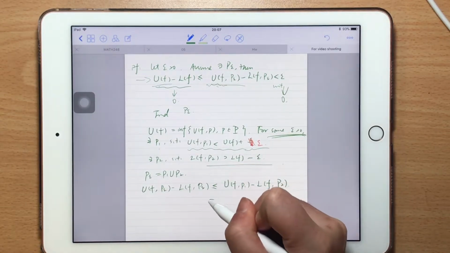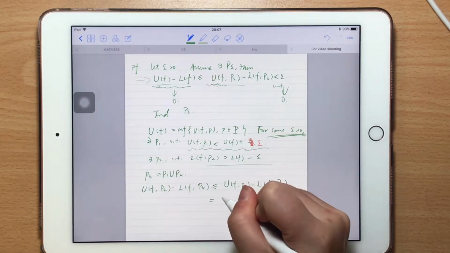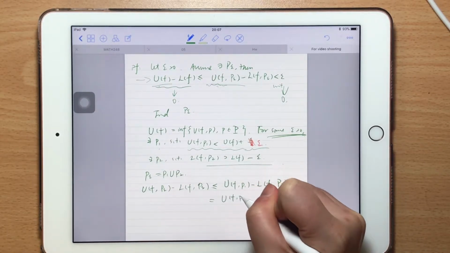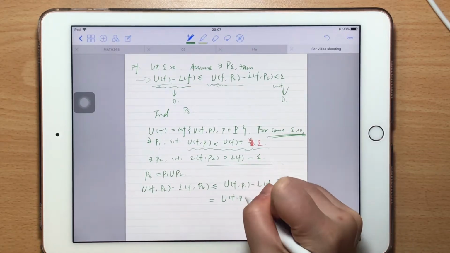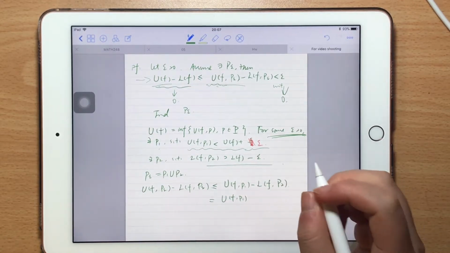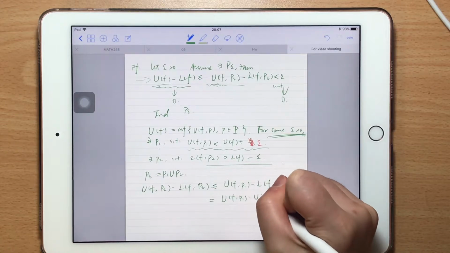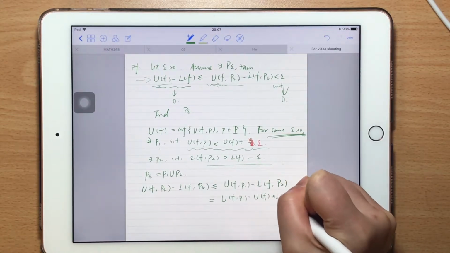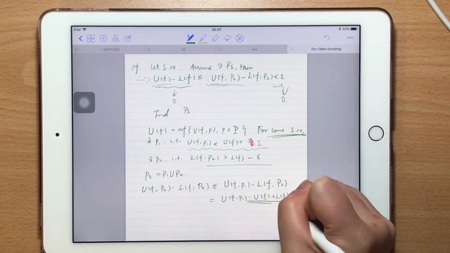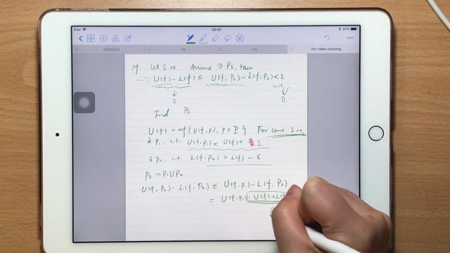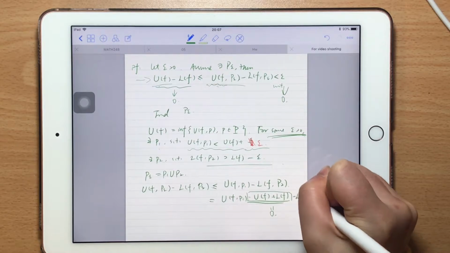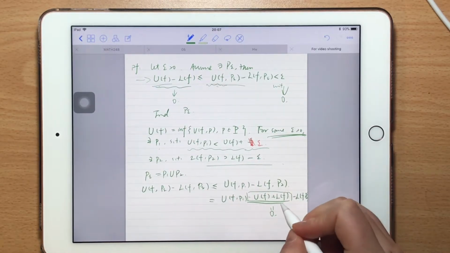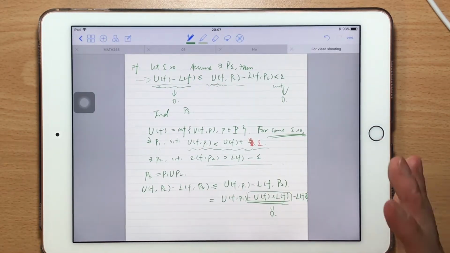Then UFP1 minus LFP2 equals UFP1 minus UF plus UF minus LF, where this middle part equals 0 because F is integrable, and then plus LF minus LFP2. This is the thing we are seeking to help us.